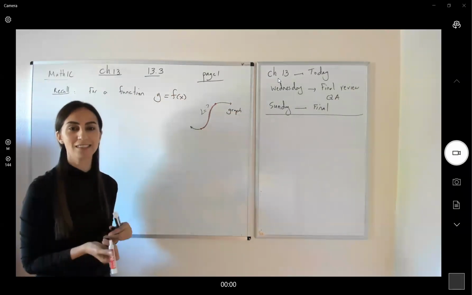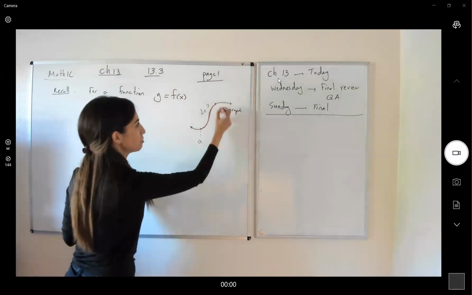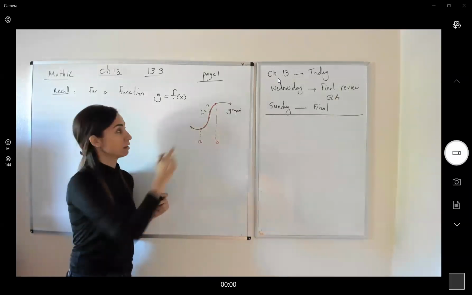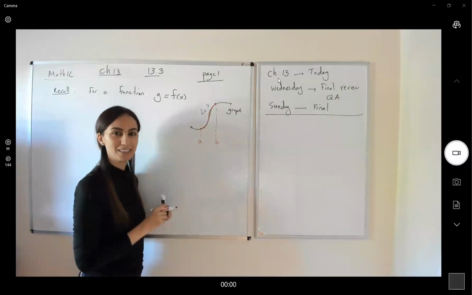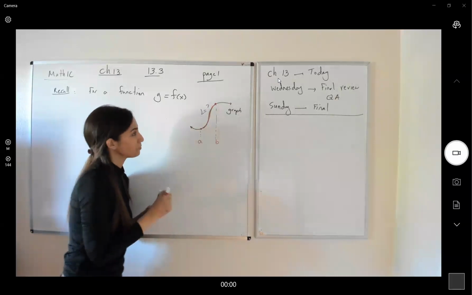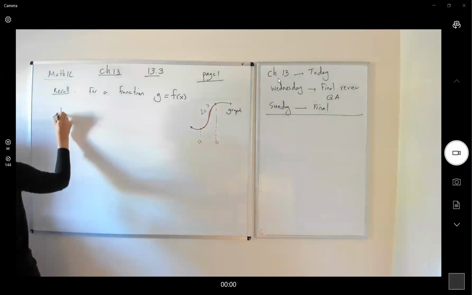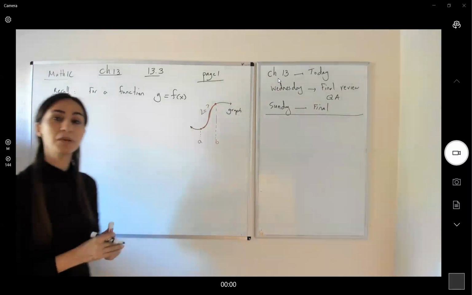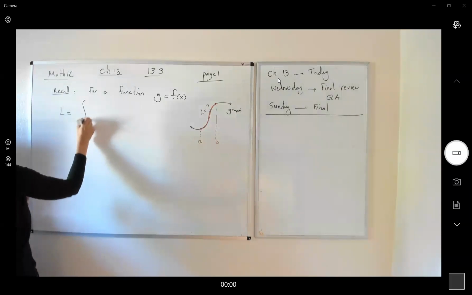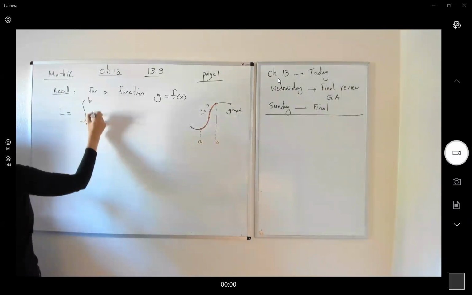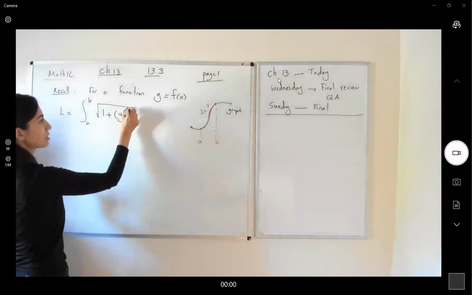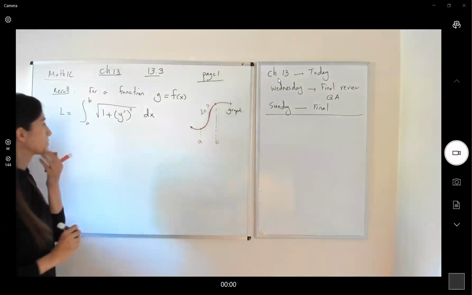So we need x between a and b. And if you divide this little curve into small pieces, you have some line segments, very small. By using the Riemann sum, you can find the length of this curve. So officially, we have the integral from a to b of the square root of 1 plus the derivative of the function squared, dx.